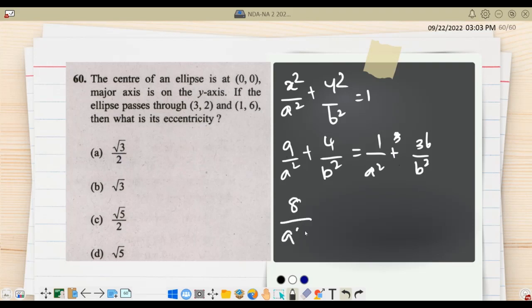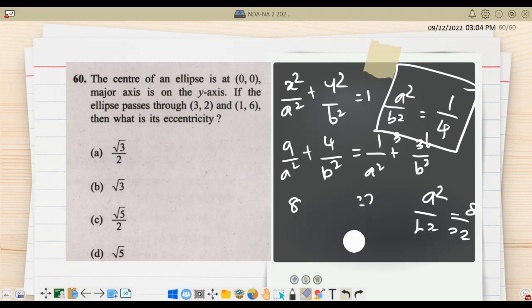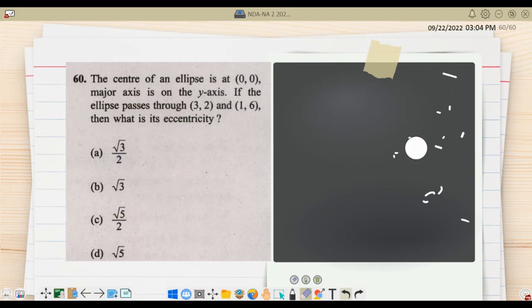So this is going to be 8 by a square equal to 32 by b square. So the ratio of a square to b square is going to be 8 by 32, that is 1 by 4. We are going to need this to find the eccentricity. So remember this: a square by b square is equal to 1 by 4.